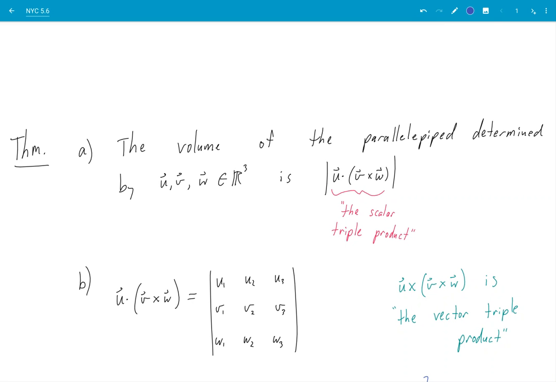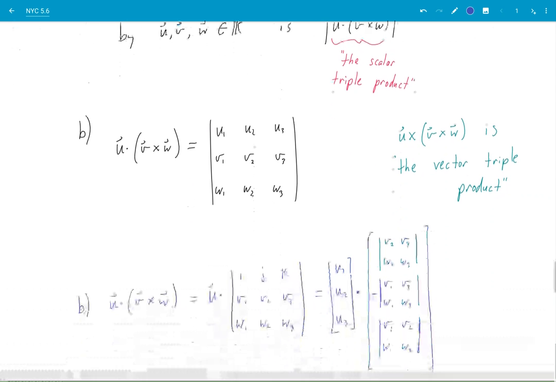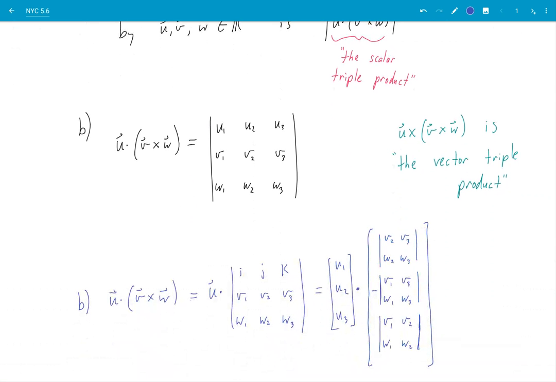And it's a bit of a tedious proof. What I'm going to do is start with this thing, grind it out, and hopefully end up here. So I do it below here. Here's the first line, pause and copy. So I have u dot a cross product. Now I'm expanding the cross product in a funny way.